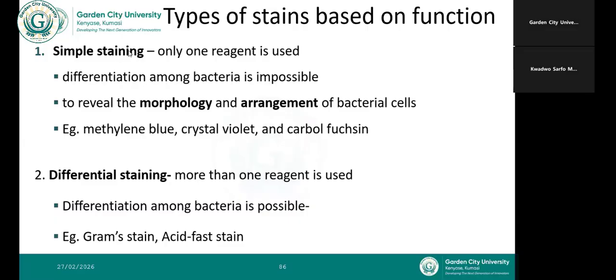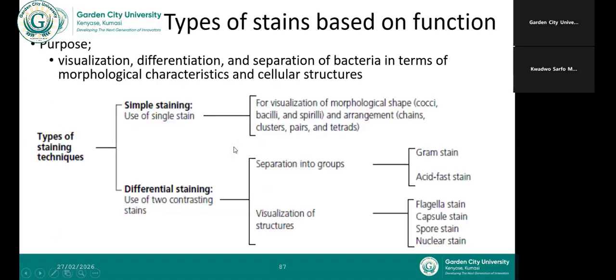So you're not able to differentiate. But if you use different stains, that becomes differential. You're able to distinguish gram positives from gram negatives or acid fast from non-acid fast bacteria. All right, so simple staining, you use a single stain. Differential, use two stains that do not have the same color.